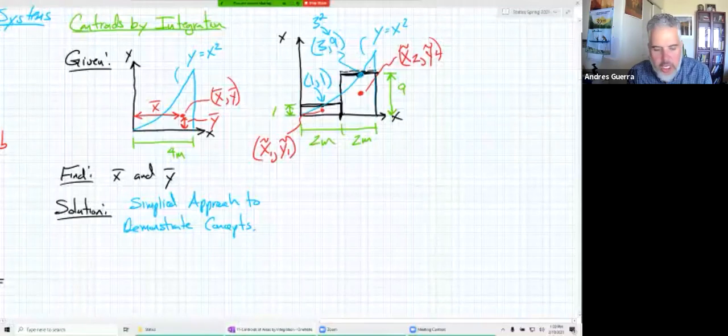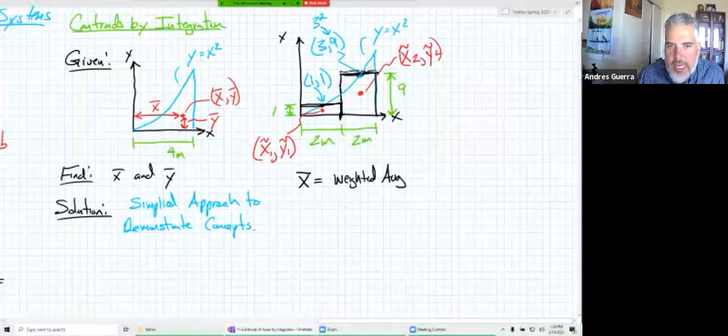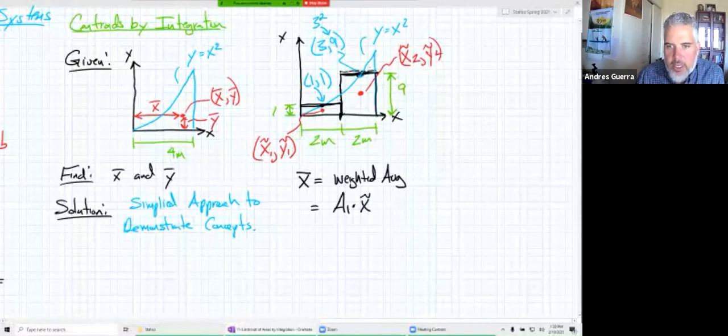Now, we can use the same concept that we did for equivalent systems to find x bar. Wouldn't x bar just be the same idea as this weighted average? Instead of in terms of F's and D's, how about area 1 times x tilde 1 plus area 2 times x tilde 2, divided by A1 plus A2.